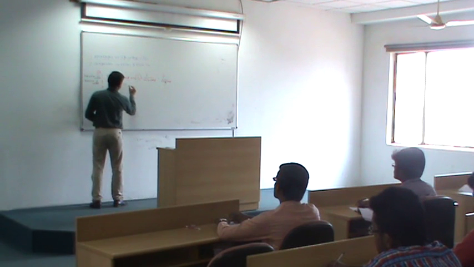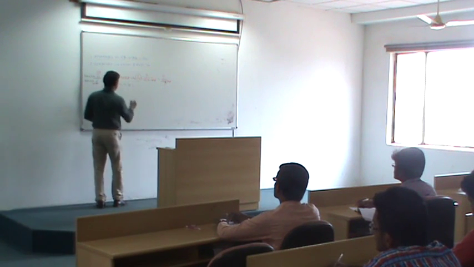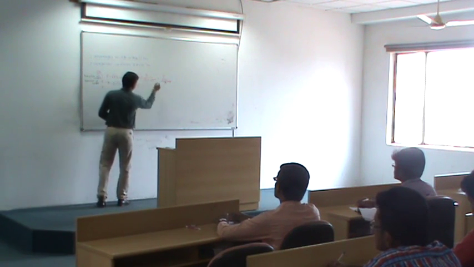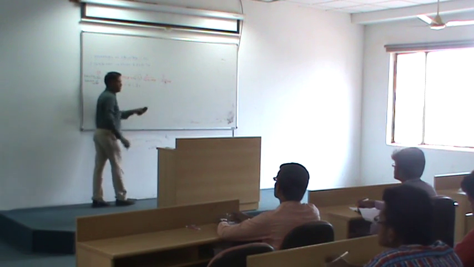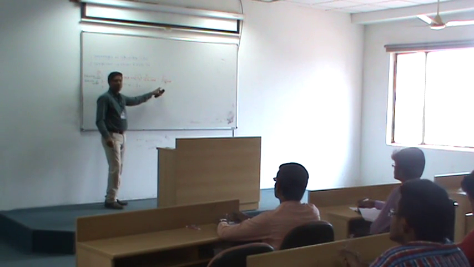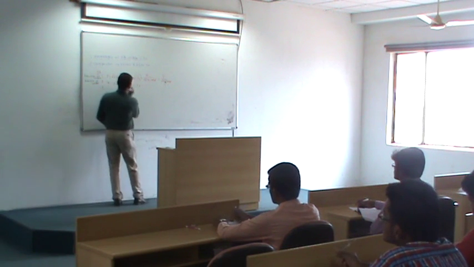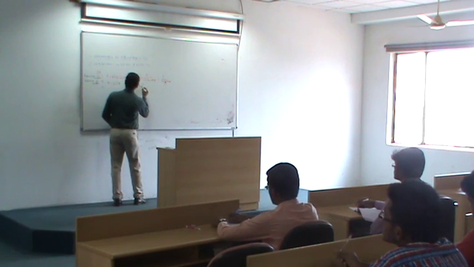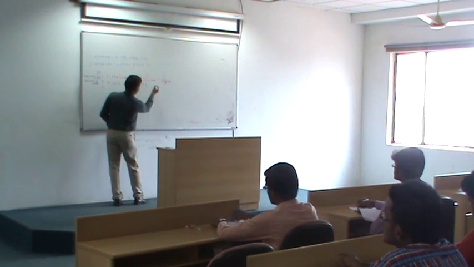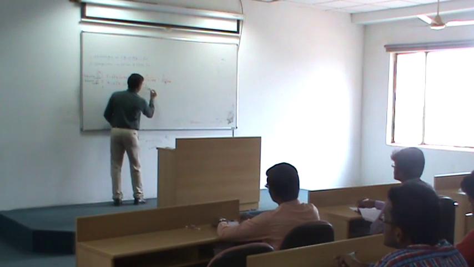Now from this, W can be written as 3 into I square R. The expression for I is P divided by root 3 V cos phi. So 3 I square R gives 3 P square R divided by root 3 whole square, so 3 V square cos square phi.